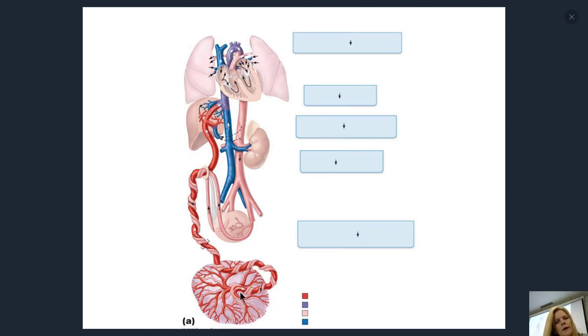So this is the separation between mom's blood circulation and baby's blood circulation. The only thing that can pass through this placenta is whatever's in the plasma. Red blood cells cannot pass from mom to baby. But things like oxygen and nutrients and wastes in the plasma, that can cross the placenta.